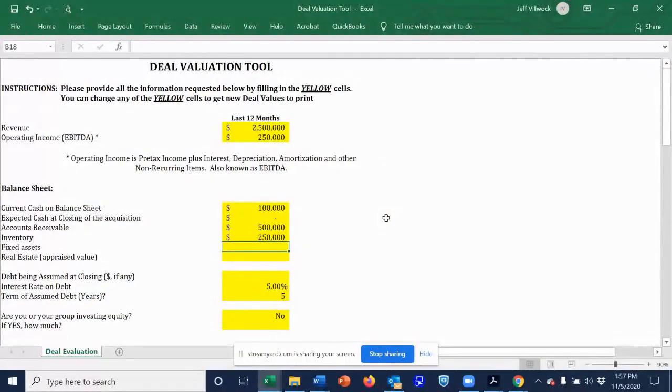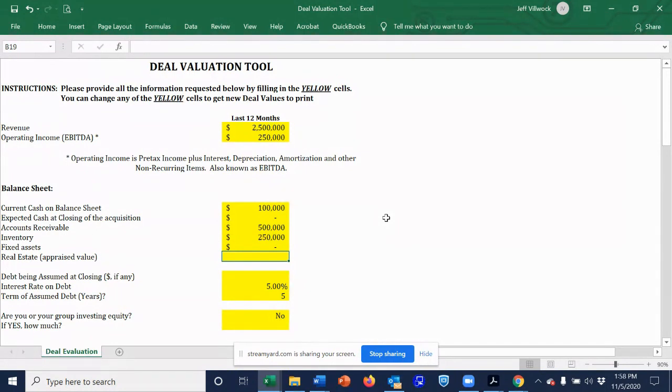Those are all fixed assets. And so what you want here is really the real value of those assets today. So if you bought your truck for $40,000 and now it has 200,000 miles on it, it's not worth $40,000. It may be worth $5,000. So that's the number you want down here. What are the assets really worth? For simplicity, I'm just going to say we're not going to borrow off of fixed assets.